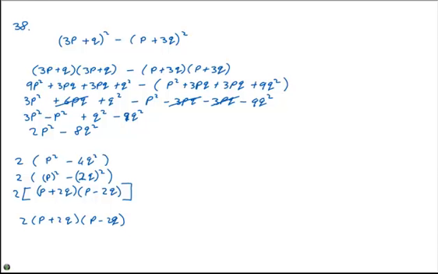39. I just put down in the corner. So, sorry, x plus 2y all squared.